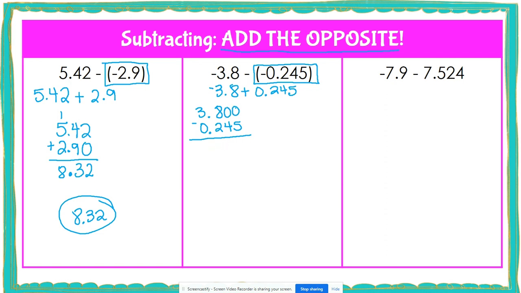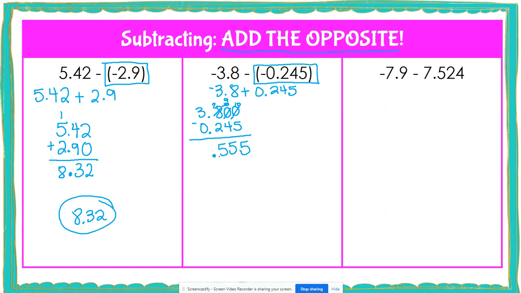Well, for this problem, I also need to have zeros as placeholders. Now, I notice that I cannot subtract 5 from 0, so I need to borrow from this, but there's nothing here to borrow, which means I actually need to come all the way over here and borrow from the 8. That will make my 8 a 7, and that makes this a 10. Now I can borrow from this to make this number a 10 and this number a 9. 10 minus 5 gives us 5. 9 minus 4 gives us 5. 7 minus 2 gives us 5.